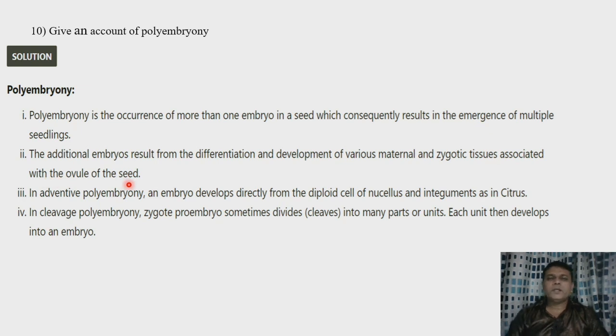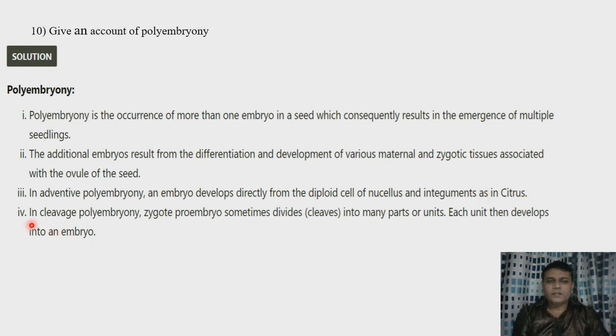That means the embryos develop from the different maternal and zygotic tissues associated with the ovule of the seed. Then in adventive polyembryony, an embryo develops directly from the diploid cell of nucellus and integuments, as in citrons.